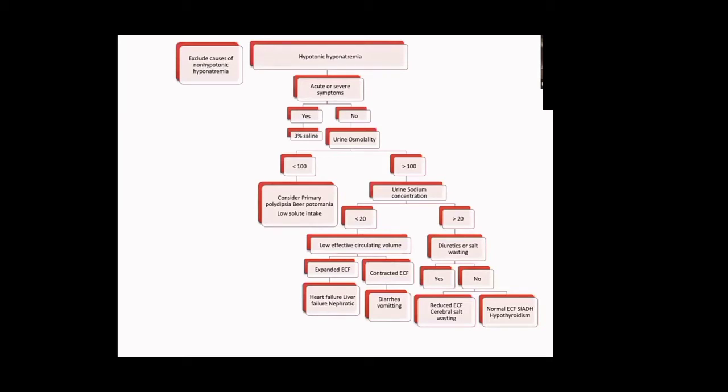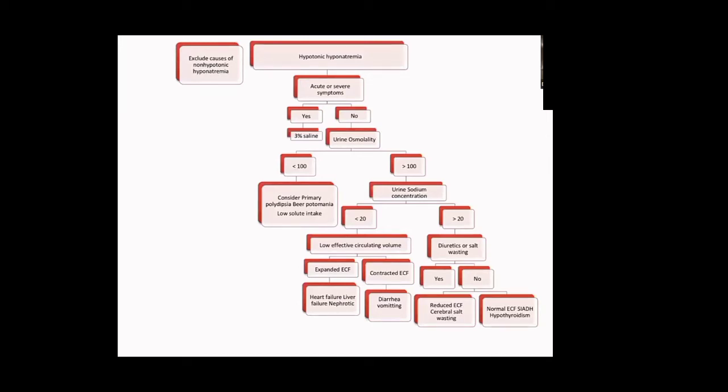If the IVC is distended, urine output is low, and the patient is having B lines, I know it is renal failure. If the IVC is distended, the heart is contracting poorly, and I am getting B lines, I know it is heart failure. Now, if I am getting a kissing IVC, and no B lines in the lungs, I know it is contracted ECF, so the patient is having diarrhea and vomiting.